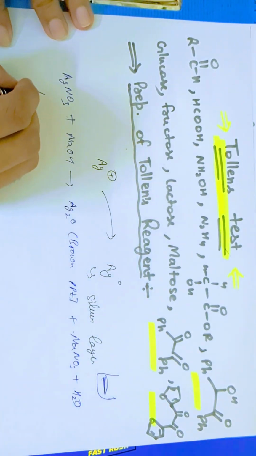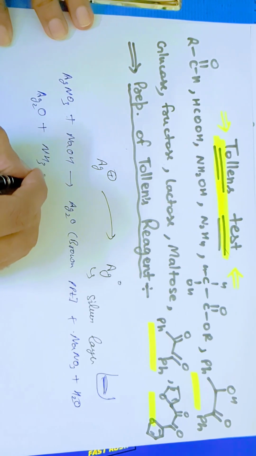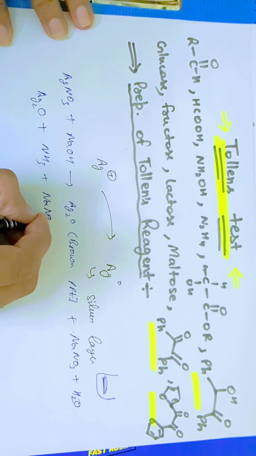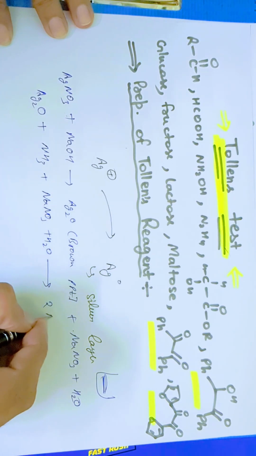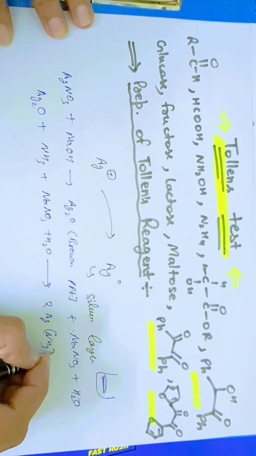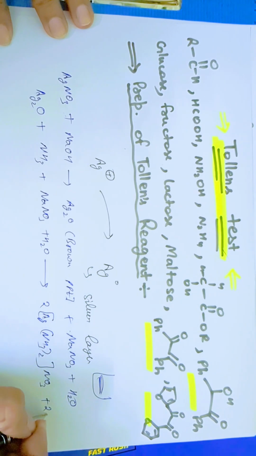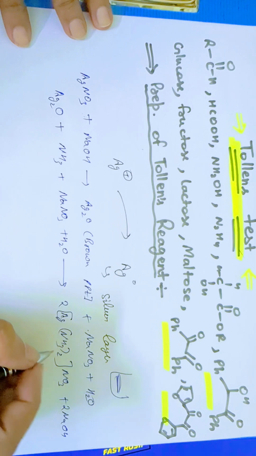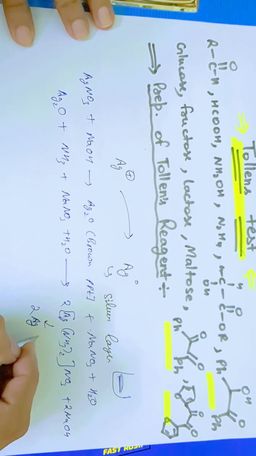Now this brown precipitate Ag2O will react with ammonia and sodium nitrate, NaNO3, plus water, and gives us 2[Ag(NH3)2]NO3 plus 2 NaOH.